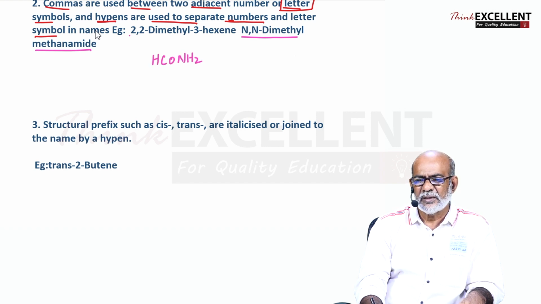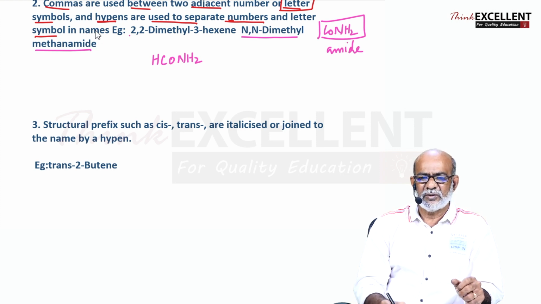HCONH2. CONH2 is one functional group. This functional group name is amide. So this is HCONH2. Here, how many carbons? Only one carbon is present. That is the root word, meth. There is no double bond, only one carbon, single bond, so methane.